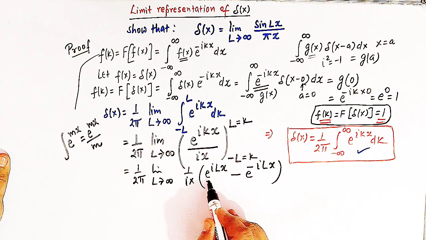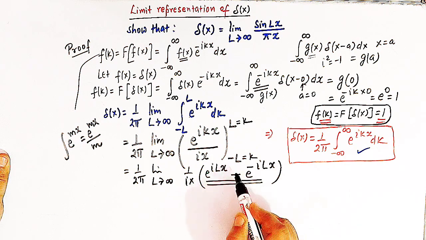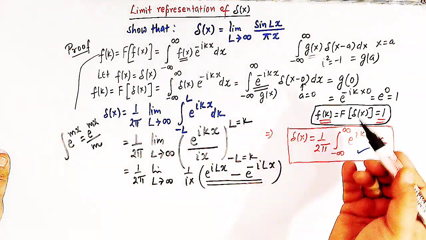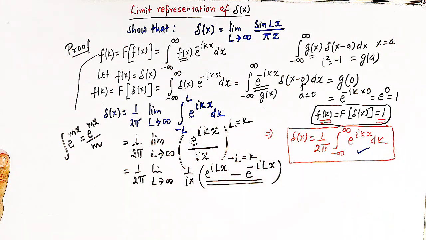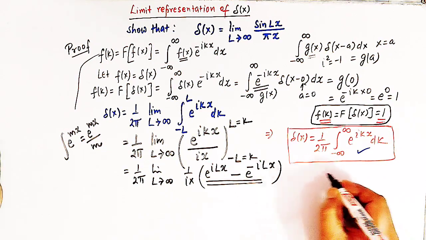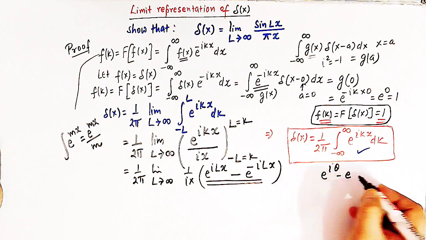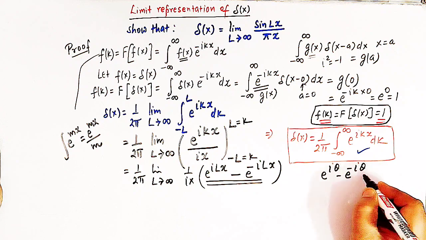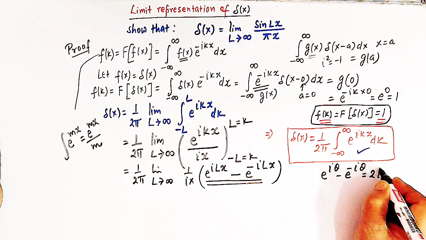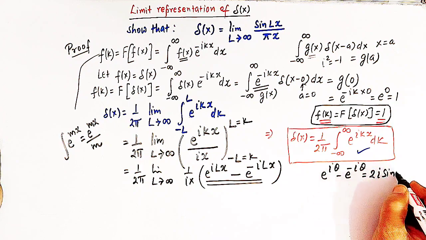So now this expression can be replaced by using an important identity from complex numbers. From complex numbers, we know that e raised to i theta minus e raised to minus i theta is equal to 2i sine theta, right?